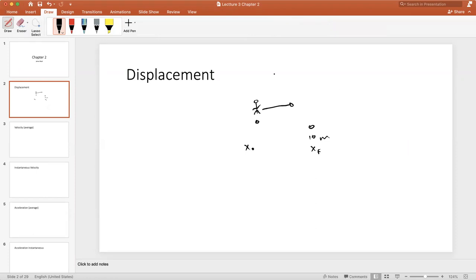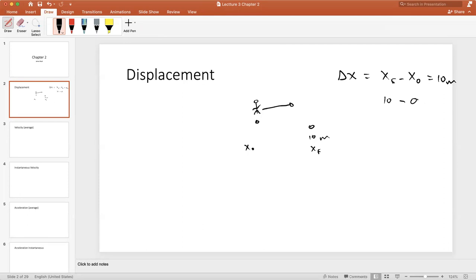So my displacement, my delta x or delta y or delta z or delta whatever you want, is always final minus initial, okay? And so in this case, my final would be 10 and my initial would be 0. So this would equal 10 meters. I would have a displacement of 10 meters.